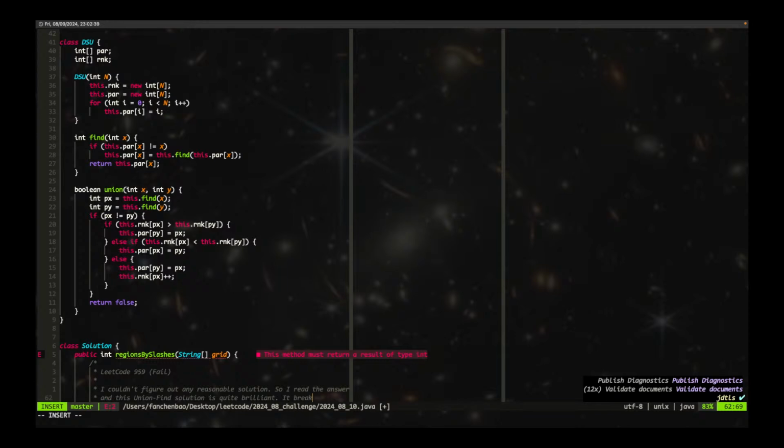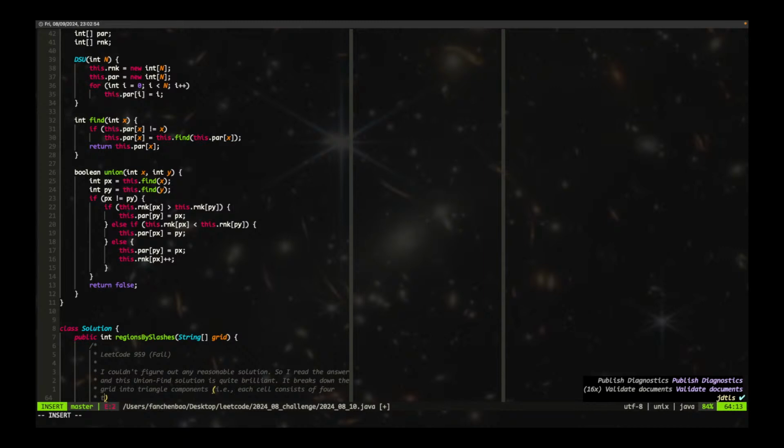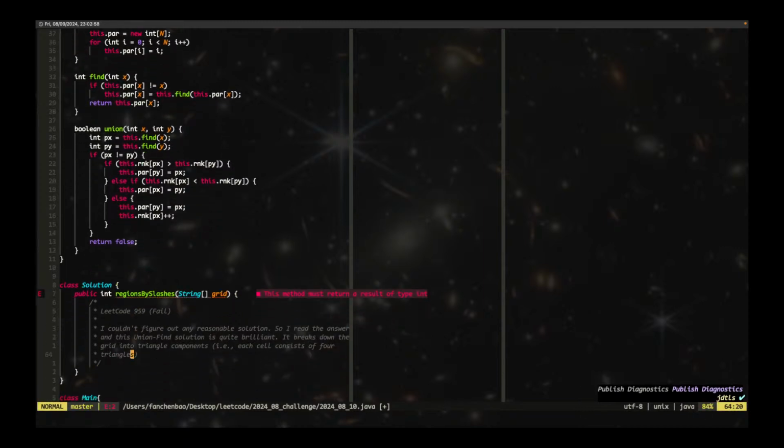It breaks down the grid into triangle components. That is, each cell consists of 4 triangles, right? And they are all considered separate initially.